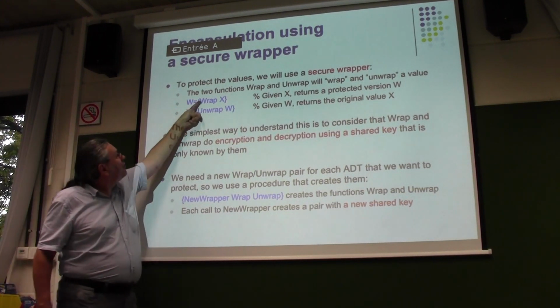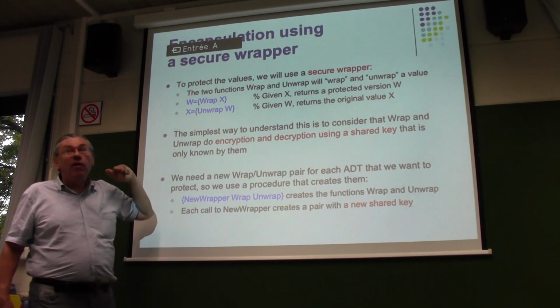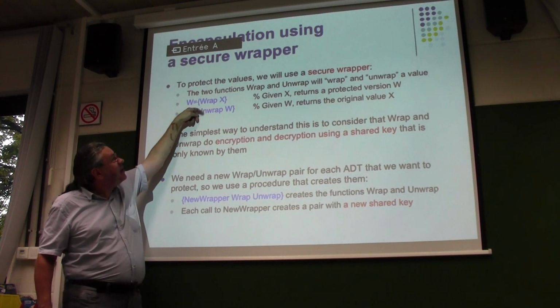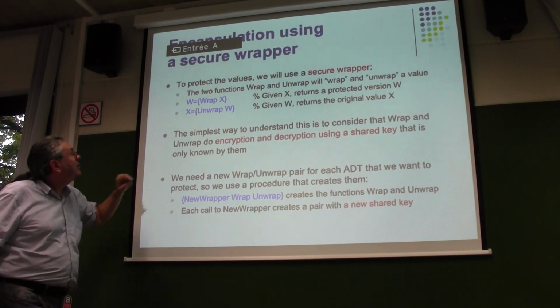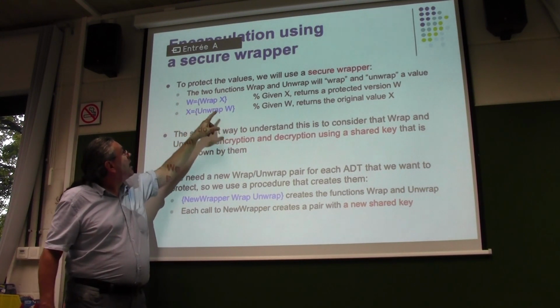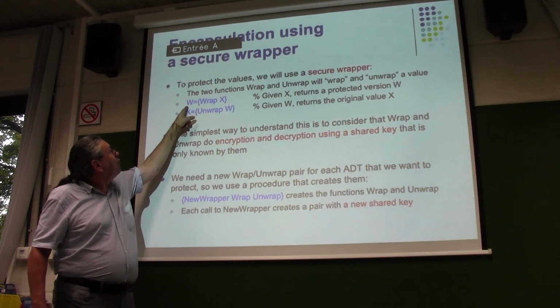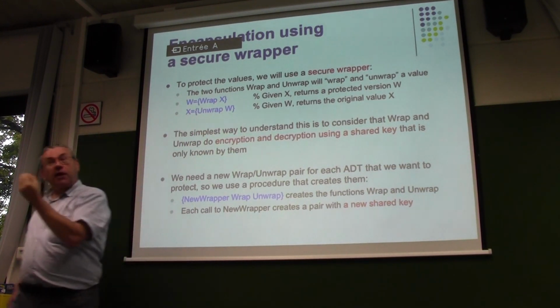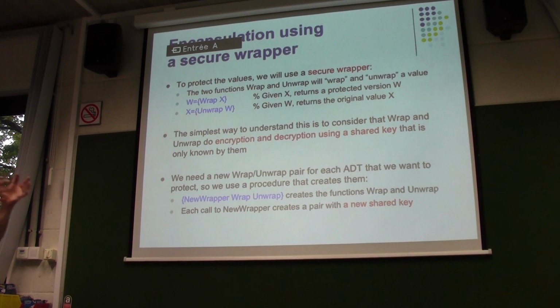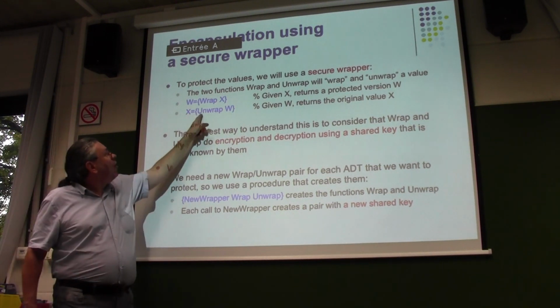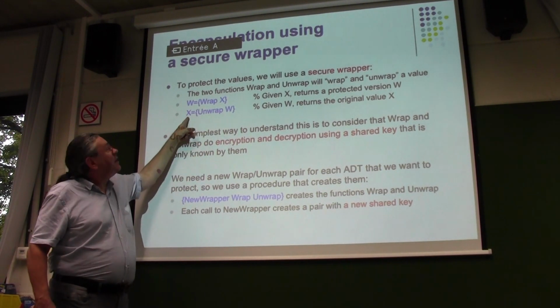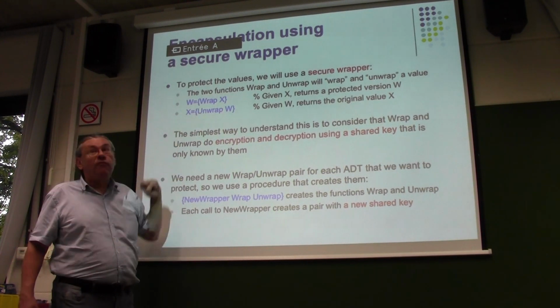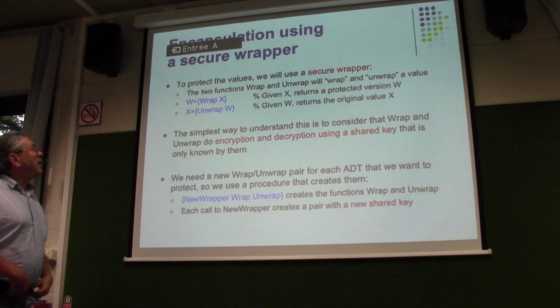So these two functions are like a pair, and they have some kind of internal key that they know. So if I have the value x, I call wrap x, it returns w, and I cannot look inside w, it's protected. But if I call unwrap on w, then I get x again. So these are just functions, okay?